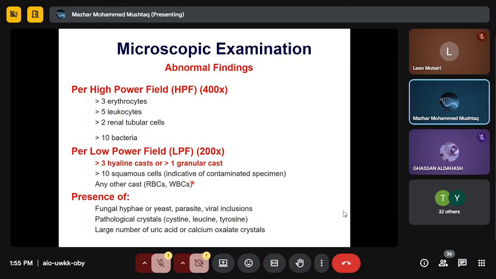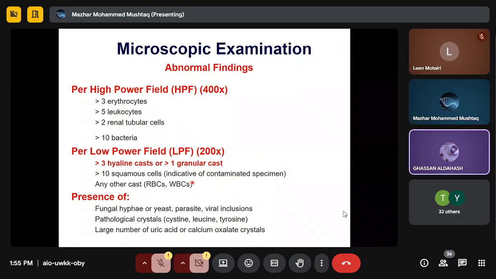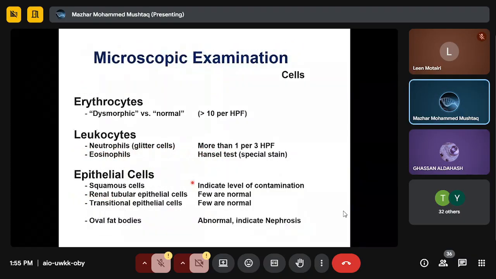But if you are seeing more than 10 in the field, that means something is abnormal. So more than 3 is abnormal. Okay, thank you.